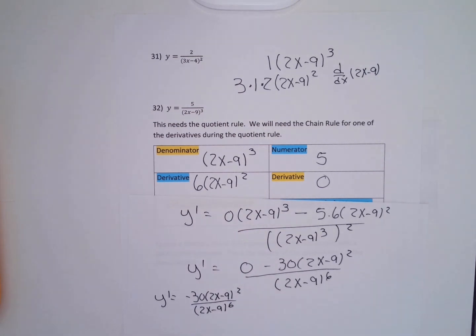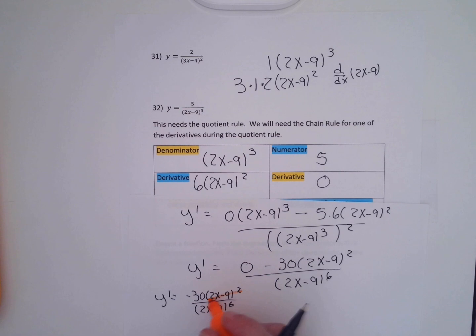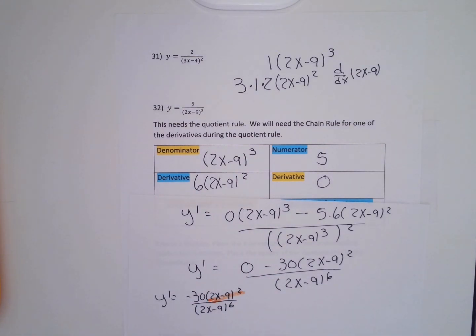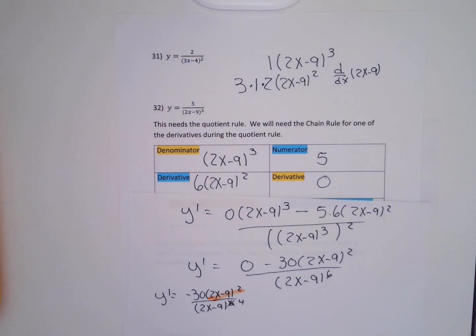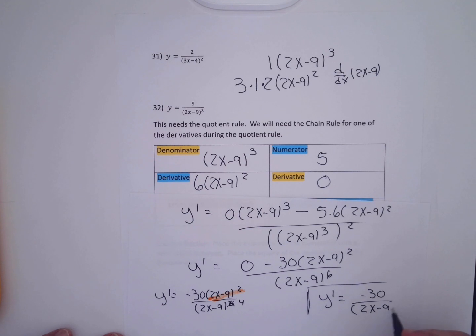I could cancel out both of the (2x minus 9)'s in the numerator by taking away 2 of the 6 (2x minus 9)'s in the denominator, bringing it down to 4 of those. My answer for 32 is going to be the derivative is negative 30 over (2x minus 9) to the 4th power.